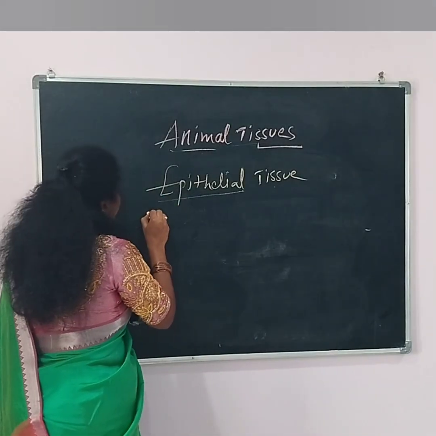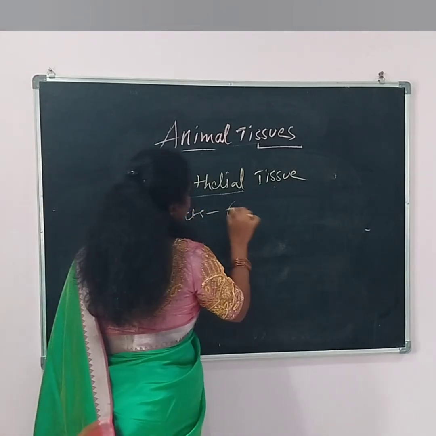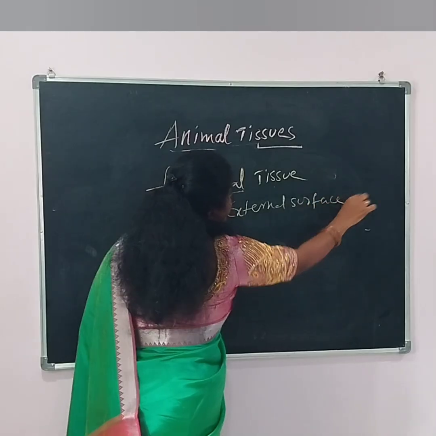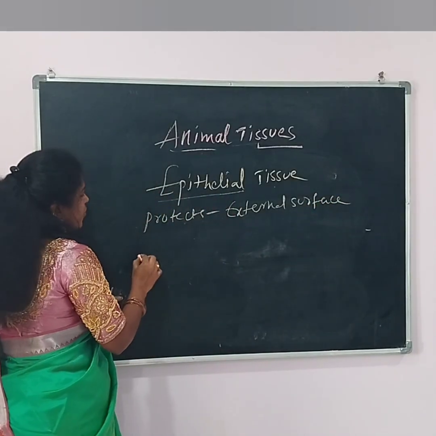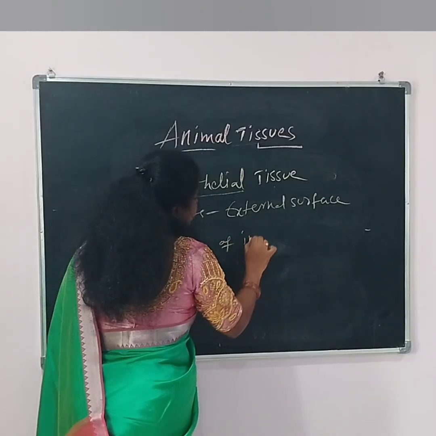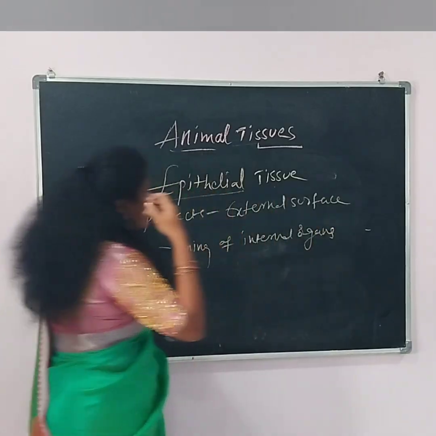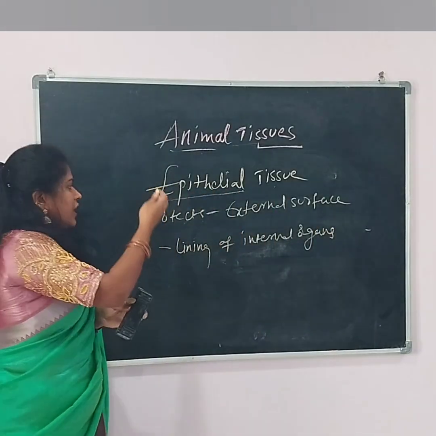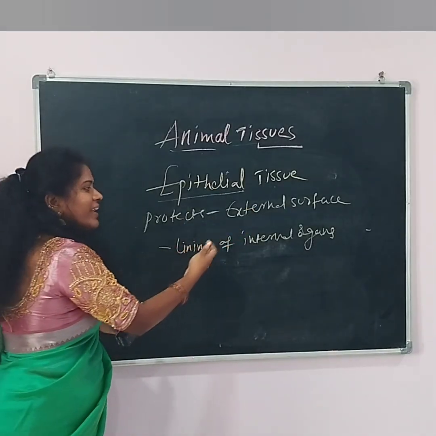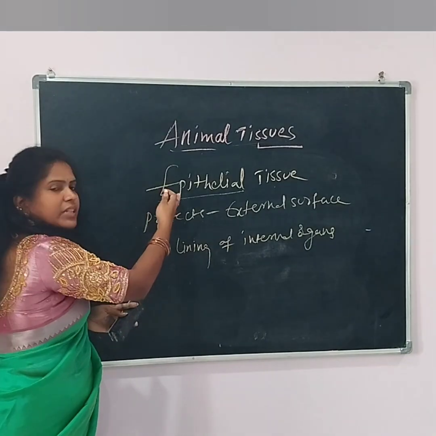It protects the external surface of our body and also the lining of internal organs. It covers and protects the external surface of our body and also the lining of the internal organs. This is the function of the epithelial tissue.